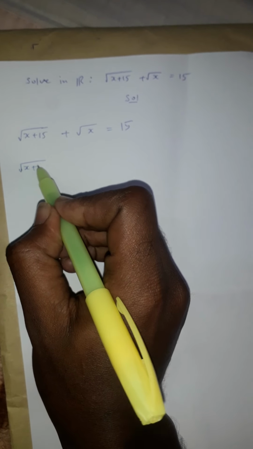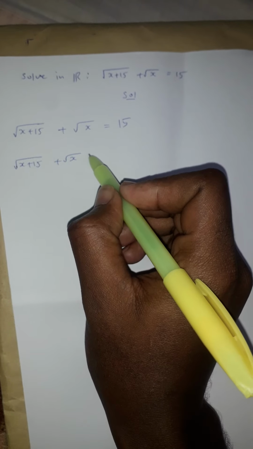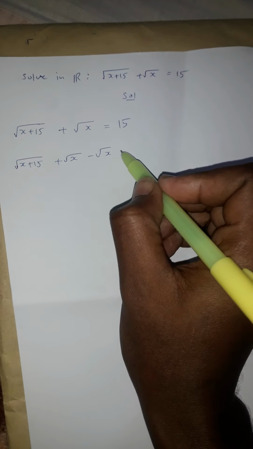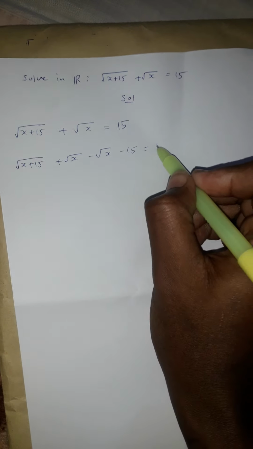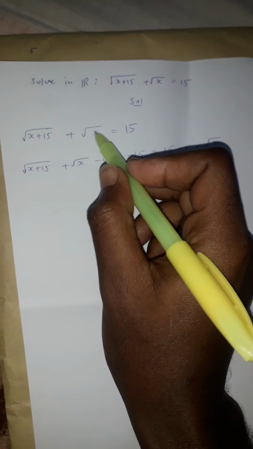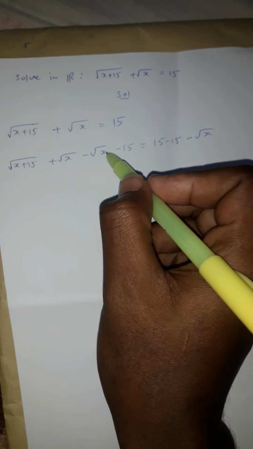So this root (x plus 15) plus root x. If I subtract root x, that becomes root (x plus 15), and if I subtract 15 from both sides, minus 15 equals 15 minus 15 minus root x. So you subtract root x from both sides and you subtract 15 from both sides.